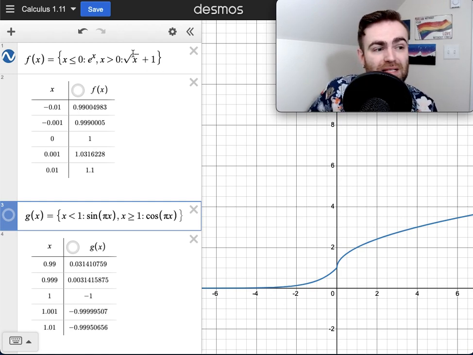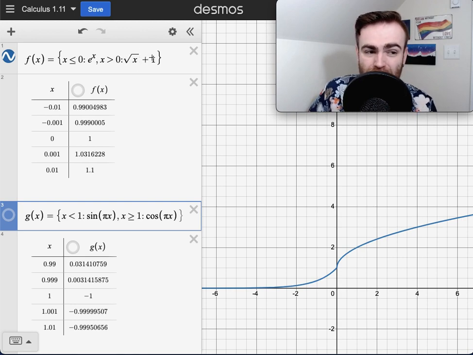We can double check this by physically doing the algebra ourselves. If I plug in 0 to both functions, even though the second part of the function doesn't correspond to 0, it ends at 0. So let's plug it in and see what happens. Well, e to the 0 is equal to 1.